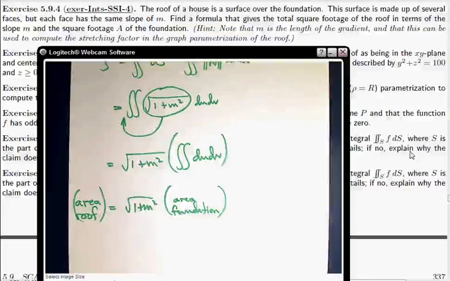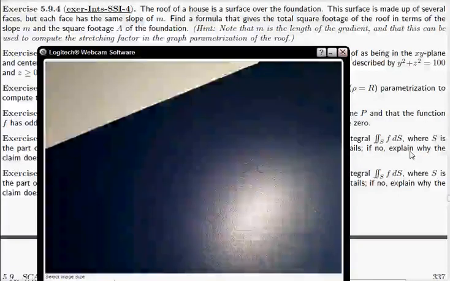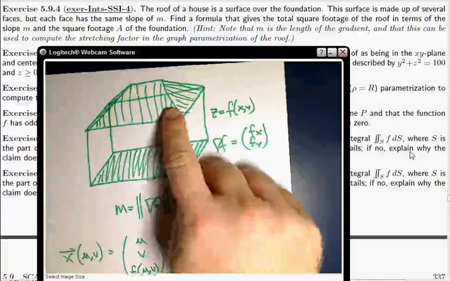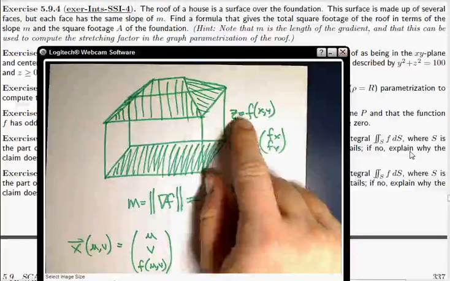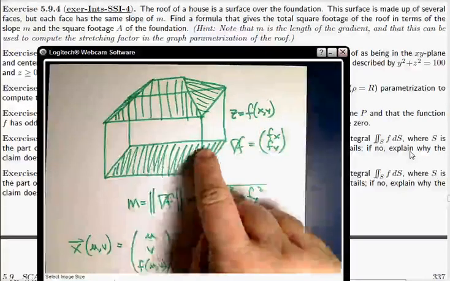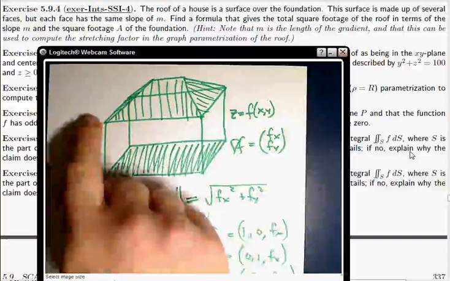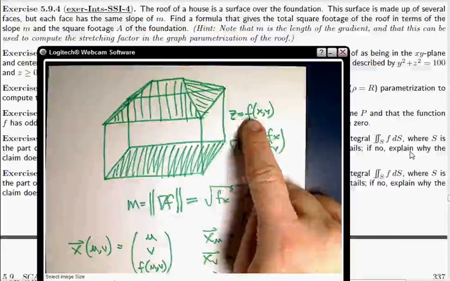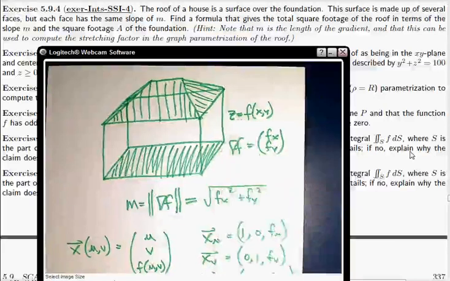Yes? Why is the gradient not dependent on the z coordinate? Because keep in mind in the setup of the problem, we're viewing the roof as being part of the graph of f. Right, so critically, f is a function that has two independent variables, and then the height is z. So that third variable z is an output variable for f, and that's just the nature of the graph construction.